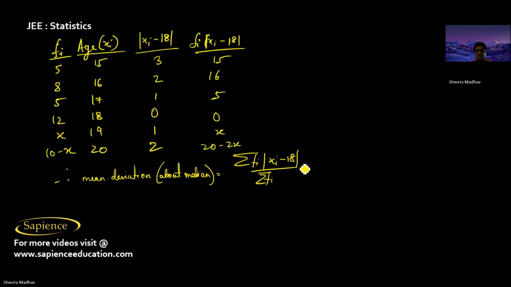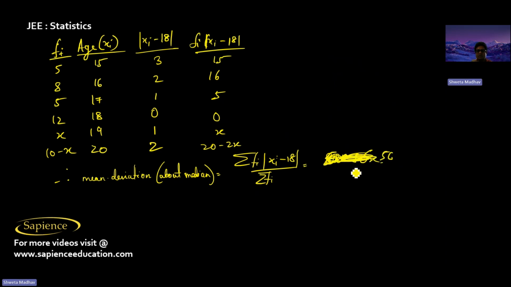So this will be the sum of all these: 15 plus 5, that is 20, plus 16, that is 36, plus 20, that is 56.